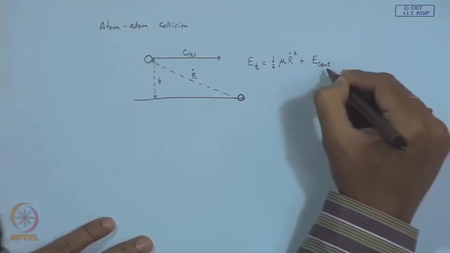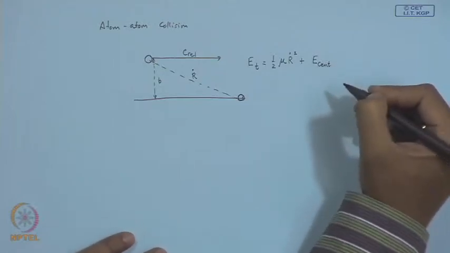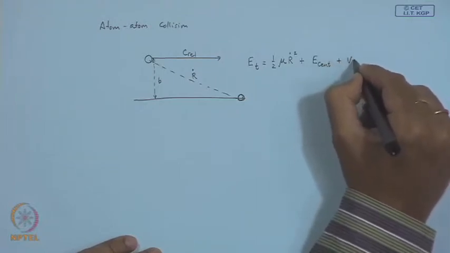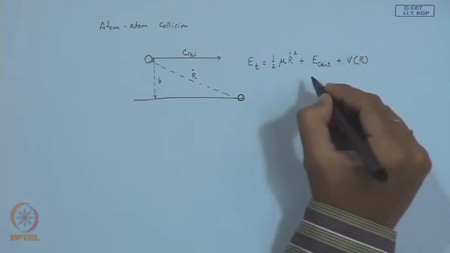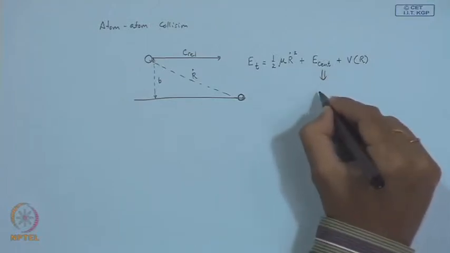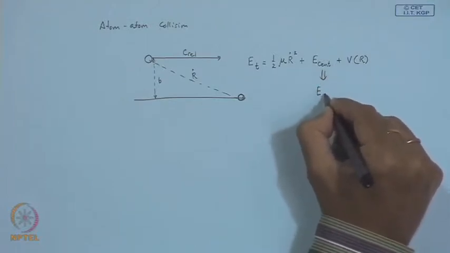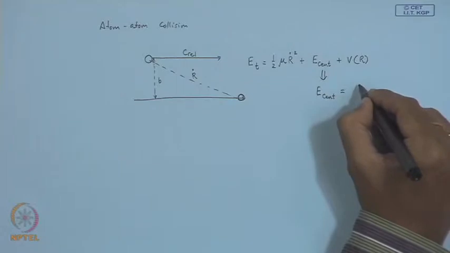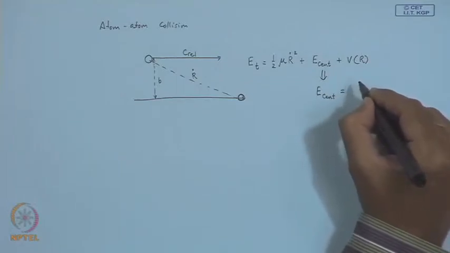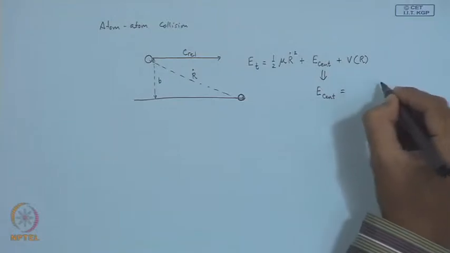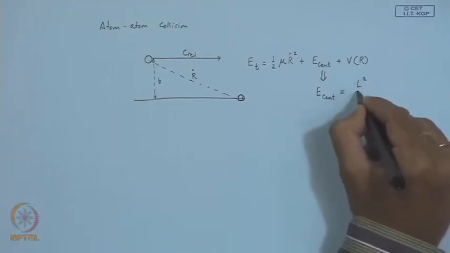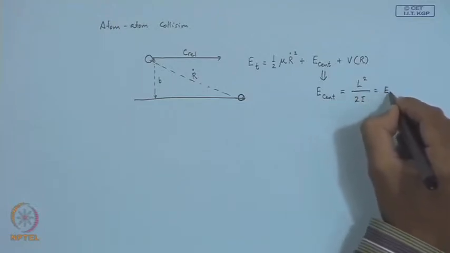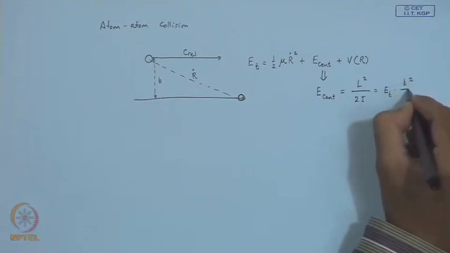If you want to know more, you can consult any standard classical mechanics textbook, maybe by Herbert Goldstein. Centrifugal energy E cent is L square by twice I, related to the total angular momentum, and it can be shown to be equal to E t into B square by R square.